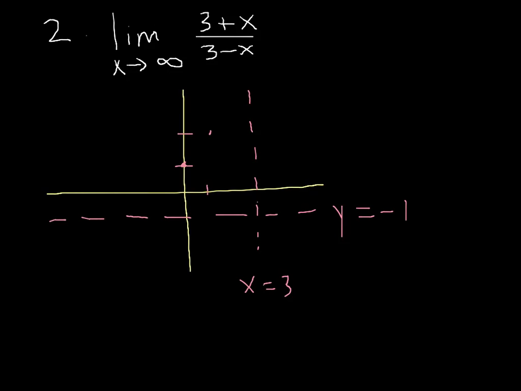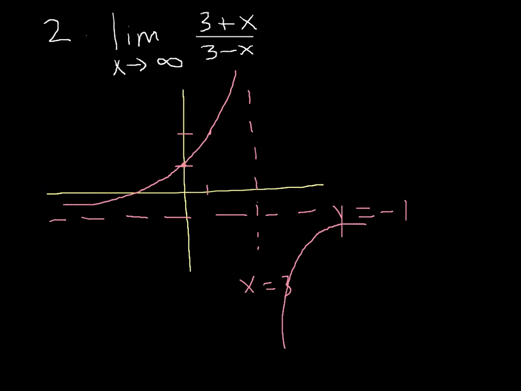So the graph is going to be doing something like this. And if I were to put in, let's say, 5, then 3 plus 5 would be 8, 3 minus 5 would be -2, so 5 is going to be at -4. So the other part of the graph is going to be down in here somewhere.